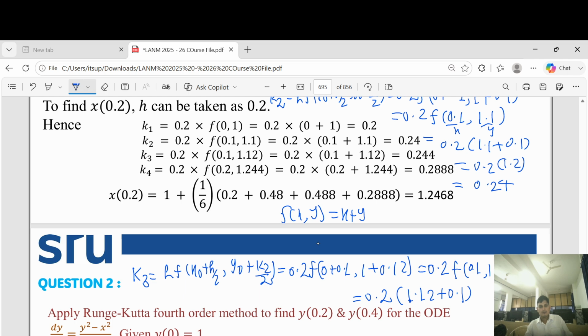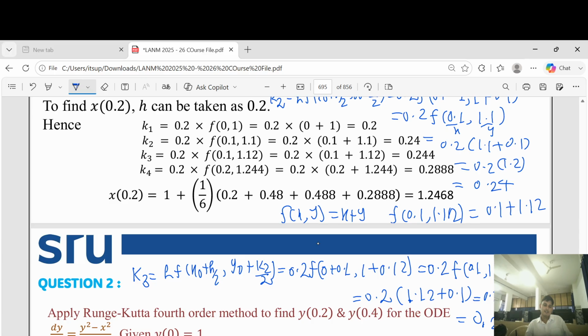So 1.12 plus 0.1 gives 1.22. So 0.2 times 1.22 is 0.244. So this is K3.